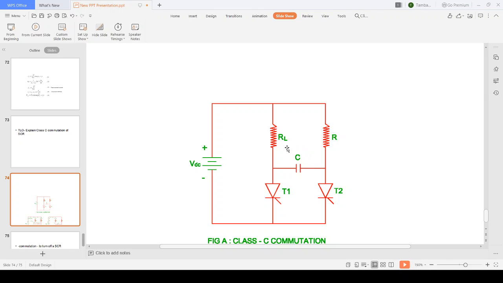Voltage across this is used to commute the conducting SCR. It means the voltage across this capacitor is used to turn off a SCR which is in the on state.